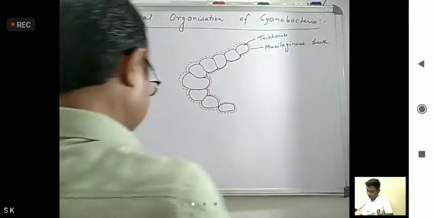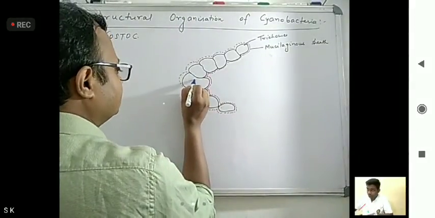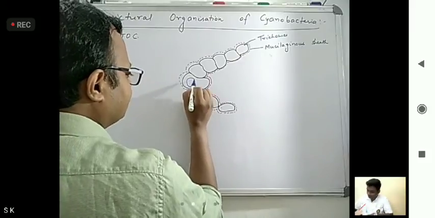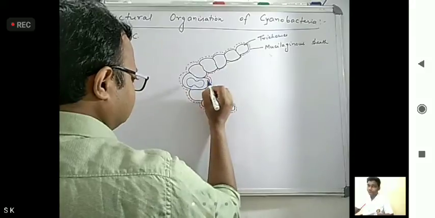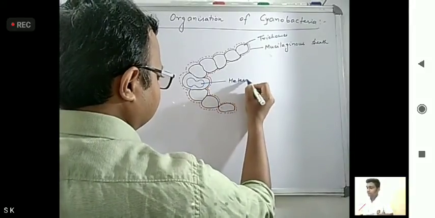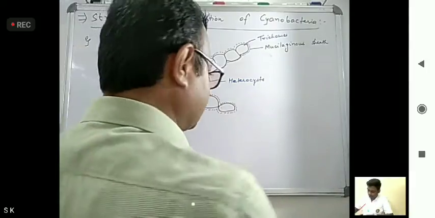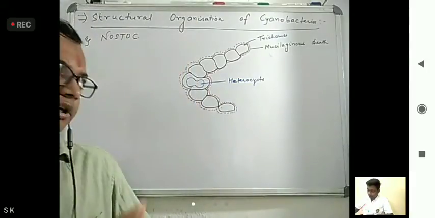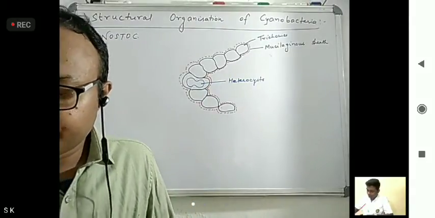Now here the bigger cell is known as the heterocyst. This heterocyst helps in what? Nitrogen metabolism. So this is the diagram of Nostoc.